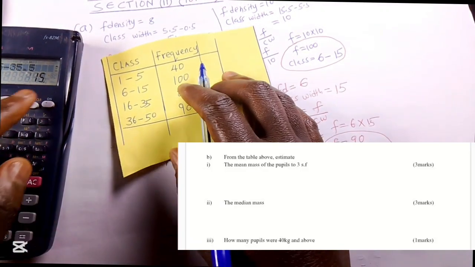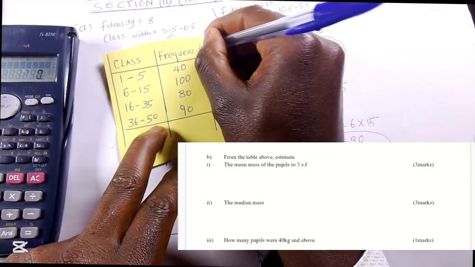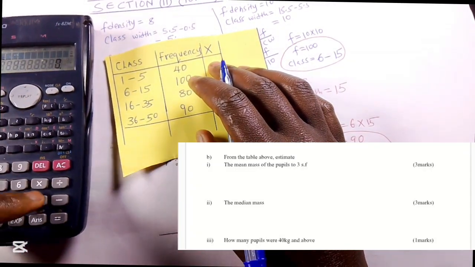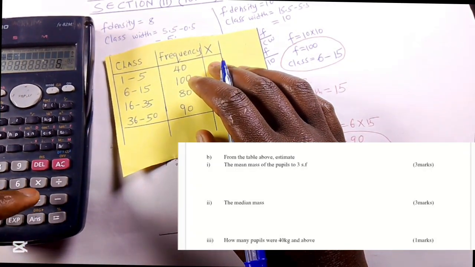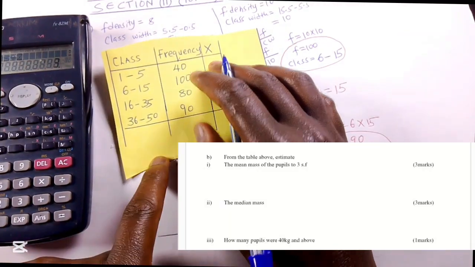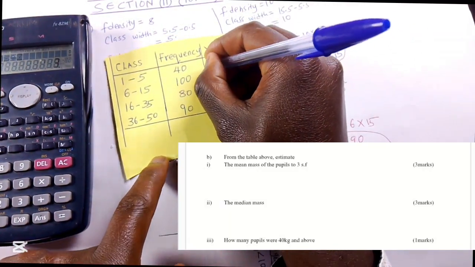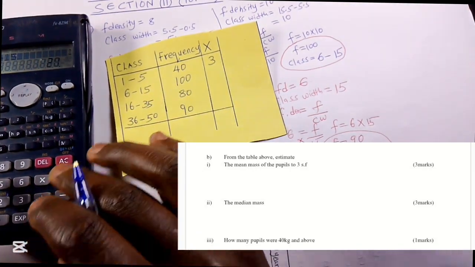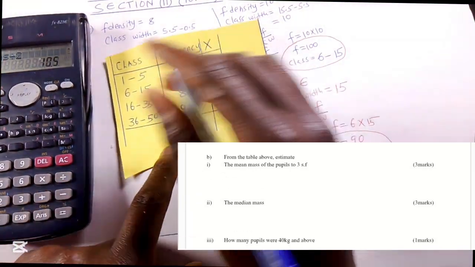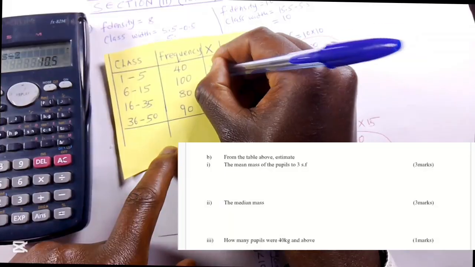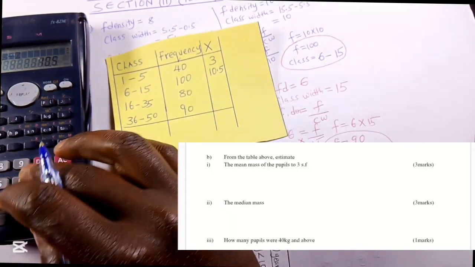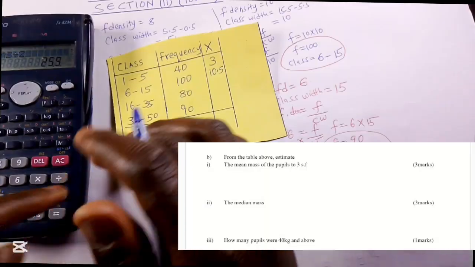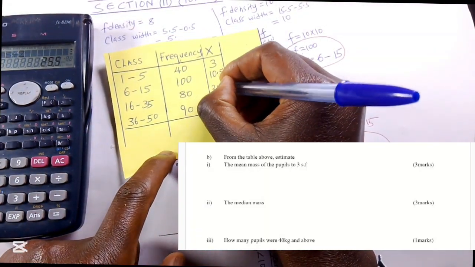So we are going to find column x, in which we will take 1 plus 5, then divide by 2, and we will get 3. Then we take 6 plus 15, divide by 2, we get 10.5. Then we take 16 plus 35, divide by 2, we get 25.5.